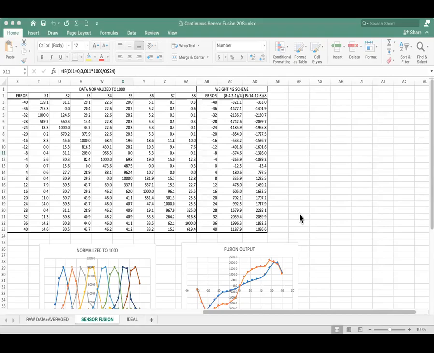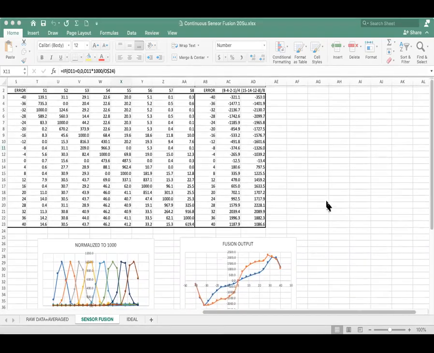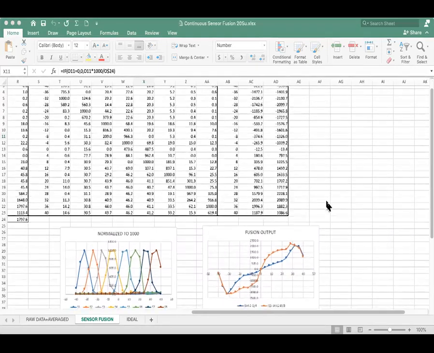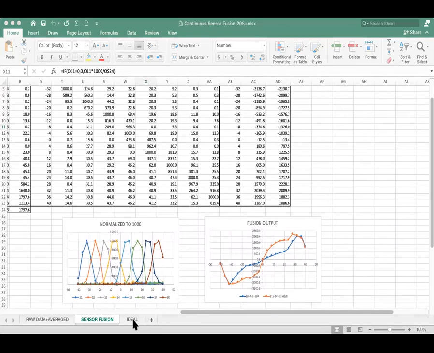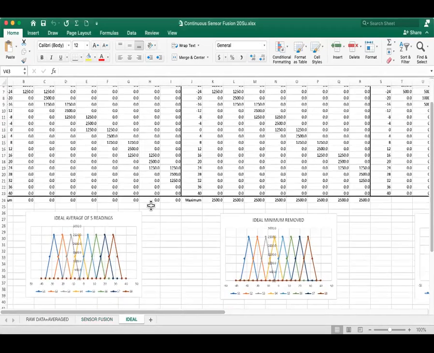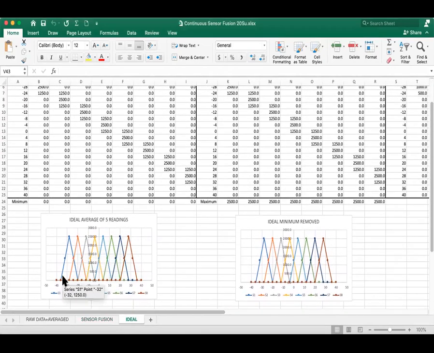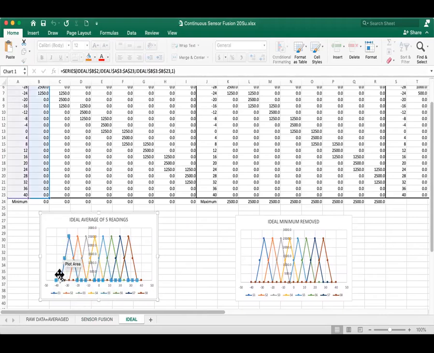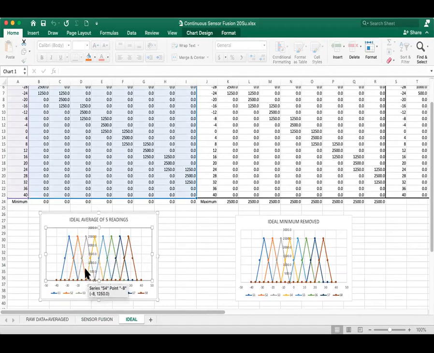Now what I want to do is show you an ideal sensor fusion, a sensor fusion with ideal inputs, and that's what this third sheet is all about. You can see what they look like. These would be the kind of thing that we are actually looking for in our sensors, where there's some nice linear movement up to a maximum value that's the same on all of them.